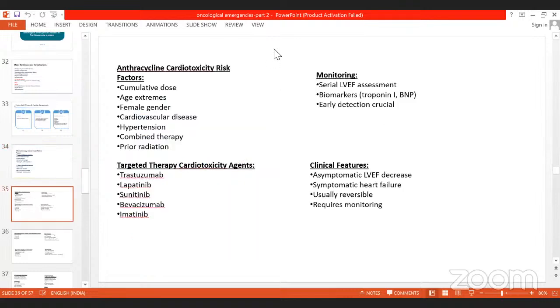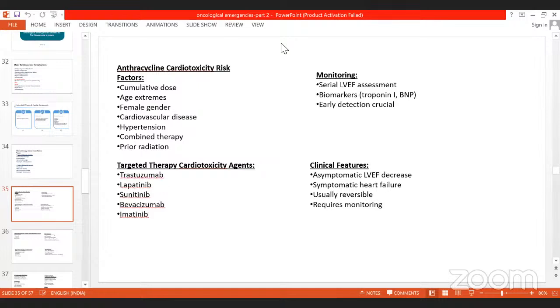And anthracycline cardiotoxicity risk factors mainly are the cumulative dose, as we have discussed, extreme age, female gender, cardiovascular diseases, hypertension, or any combination therapy which we are giving, and prior radiation given. So these are the main risk factors for cardiotoxicity due to anthracyclines.